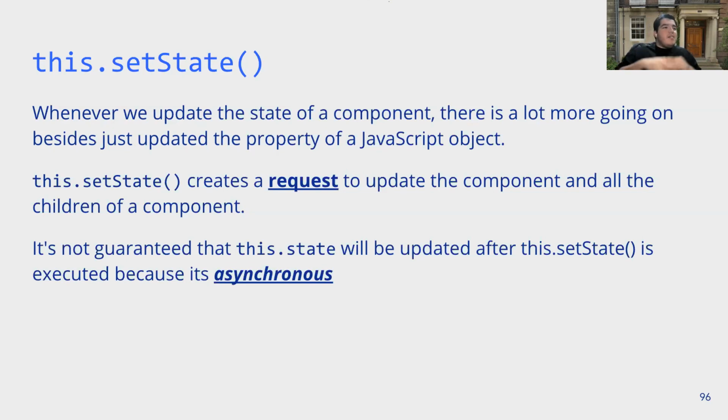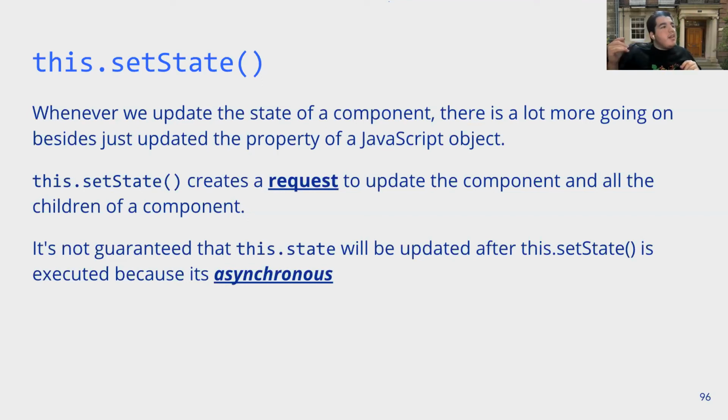It's saying, hey, React, I want you to change this variable, but I'm going to send you a lot of other requests behind the scenes that you need to do. You need to re-render this component. You need to re-render any child component. You need to re-render any child component of that child component, right? And if we're passing down props to any child components with the state variable, it has to re-render, right?